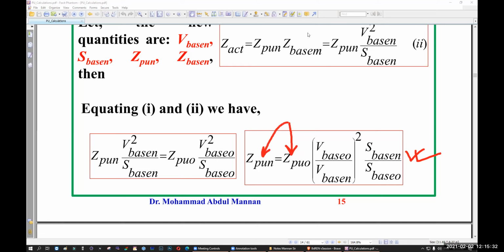Maybe this is given as 10%. That means 0.1, right? J0.1. It is given as J0.1. Then you have to convert that 0.1 to the new one. Remember. So we'll do one example, then you will understand what this is.